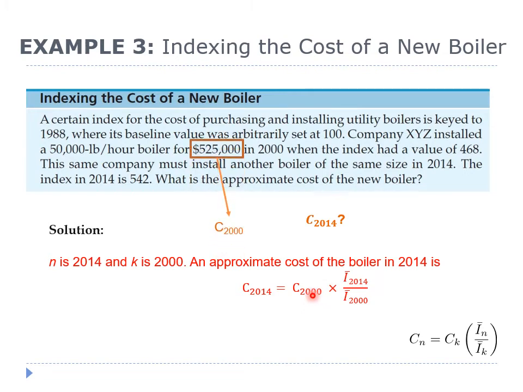C_2000 equals $525,000, whereas the index in year 2000 is 468 and the index in year 2014 is 542. By substituting these values into the formula, we get the cost of the boiler in year 2014 equals $608,013.